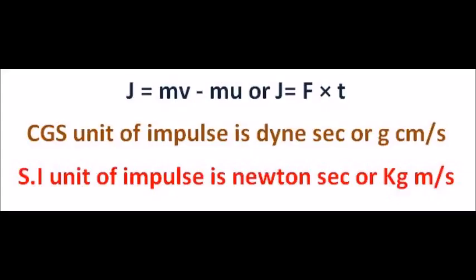It is given by the formula J is equal to mv minus mu, or J is equal to F into t. CGS unit of impulse is dyne second, or gram centimeter per second. SI unit of impulse is Newton second, or kg meter per second.